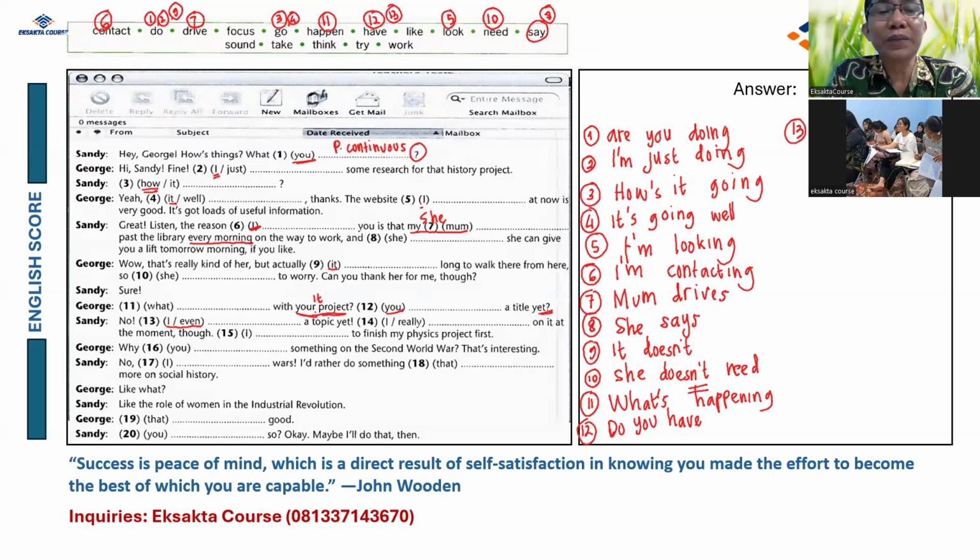And then number 14. I really on it at the moment. Okay, here for negative, because without a verb, so use to be. I am not really. If we use a verb, you use I do not or I don't. But here number 14, because without a verb, we use to be as the verb.